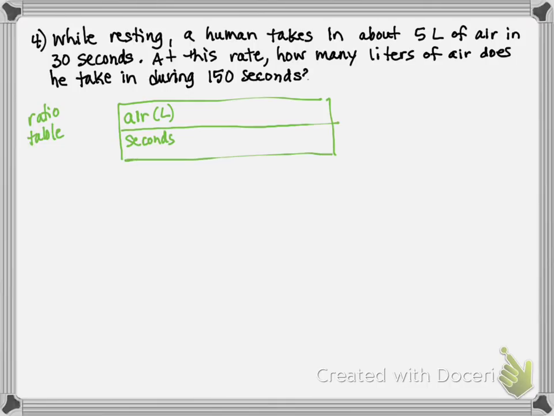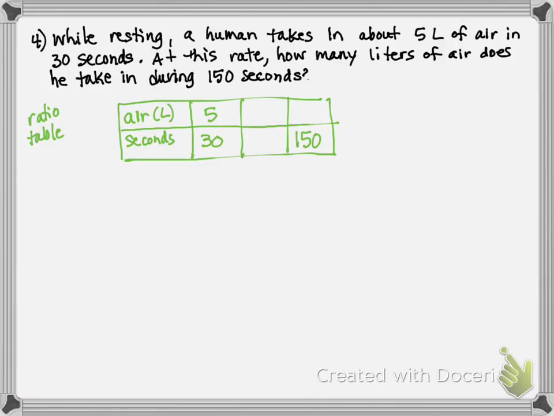Well, I made that extra big, didn't I? And I'm going to do my 3 columns. And we have 5 liters of air in 30 seconds, and then we've got 150 seconds. So my job is to try to figure out how many liters of air matches with 150 seconds.